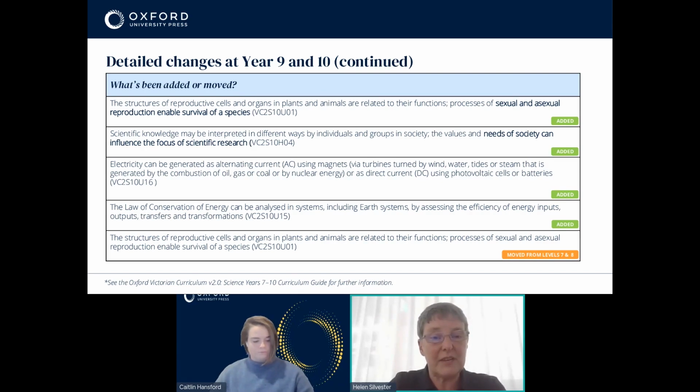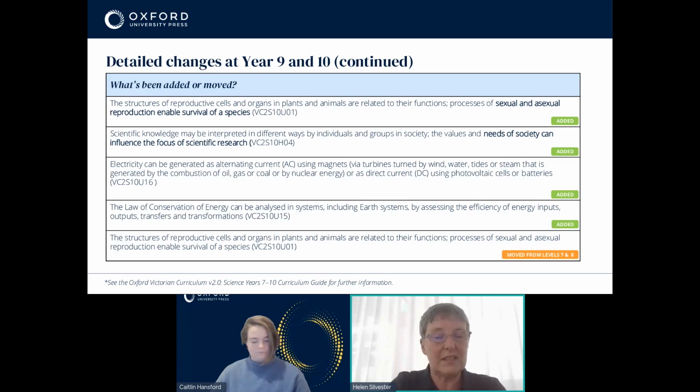Electricity can be generated. So remember how electrical circuits essentially has gone back into Year 7 and 8. We've got electricity generation in Year 9. So that's the distinction between it. Electricity has moved out, but we talk about electricity generation, which is relevant given the current discussions that are happening in the community. Law of conservation of energy analysed in systems, including the Earth systems.